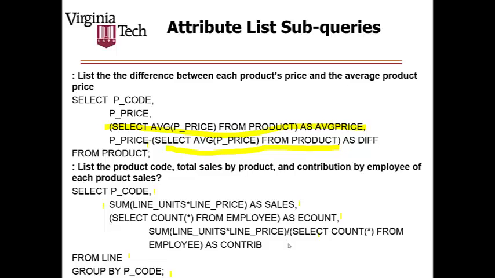I'm just looking at that for a second and wondering what it really... List the product code, total sales by product, and contribution by employee of each product sales. Yeah, essentially you're dividing each total product sales by the number of employees. I don't know.